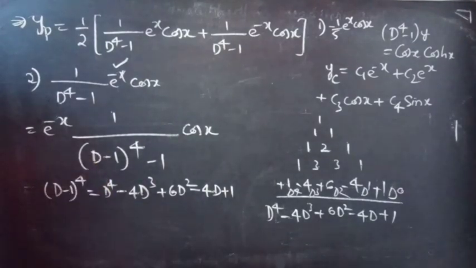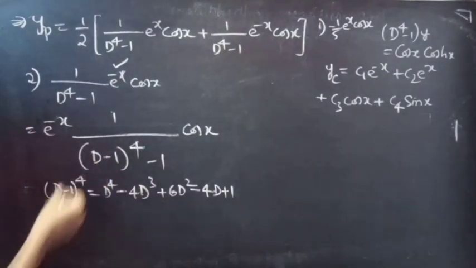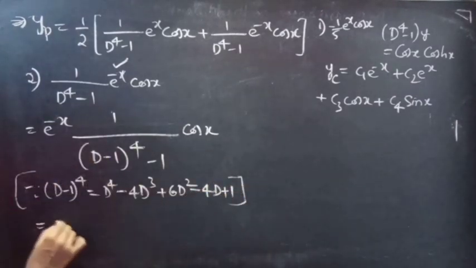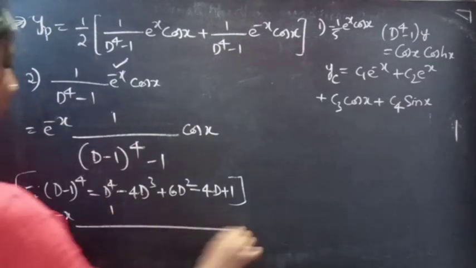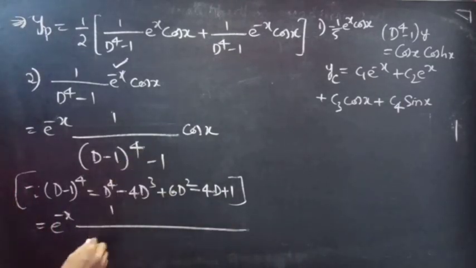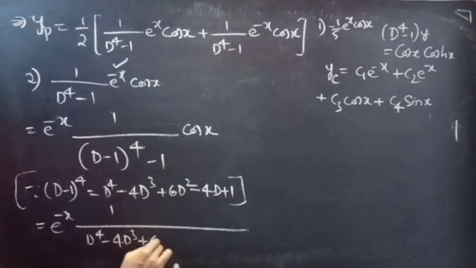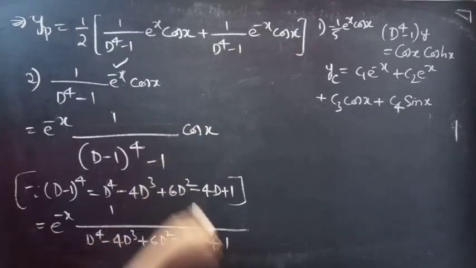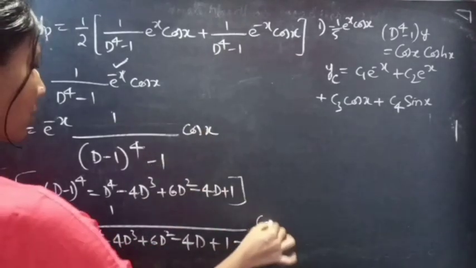Now coming to the problem. This becomes e power minus x into 1 by expansion of d minus 1 whole power 4 is d power 4 minus 4d cube plus 6d square minus 4d plus 1, minus 1 into cos x.